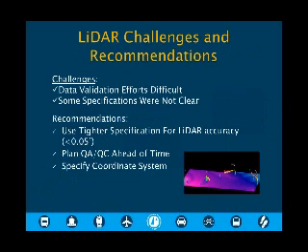So we had some challenges with the LiDAR and recommendations, also like we did with the imagery. Our challenges were with the validation. There's a lot of traffic in these areas, and being on the shoulders, it gets a little crazy.